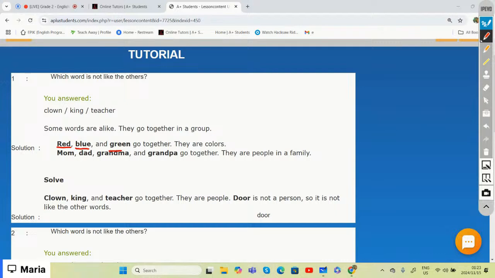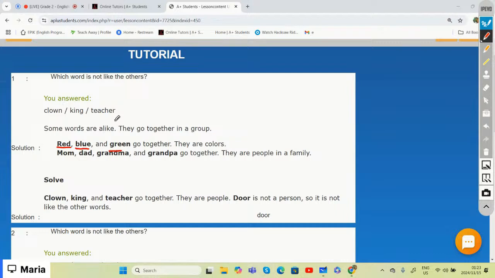All right. So now we're going to say which word is not like the others. We have over here clown, we have king, and we have teacher.